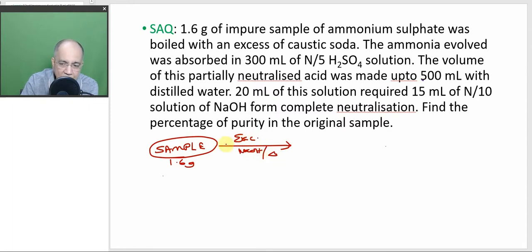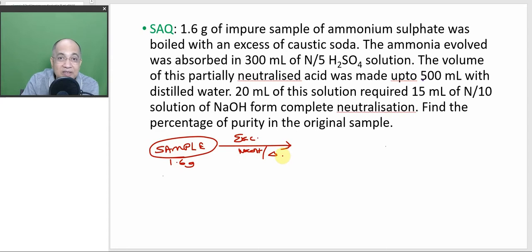We have not back titrated with the excess NaOH. Had we done that, in some problems you will find the volume of NaOH and normality is known, and ammonia is allowed to escape, and the amount of excess NaOH is back titrated with a standard acid. So that is simple.